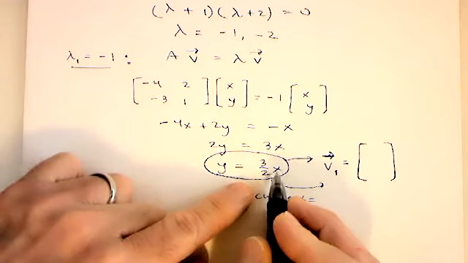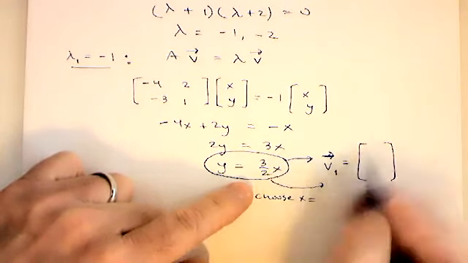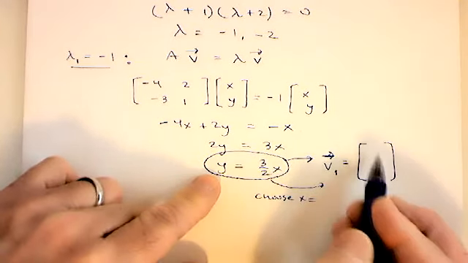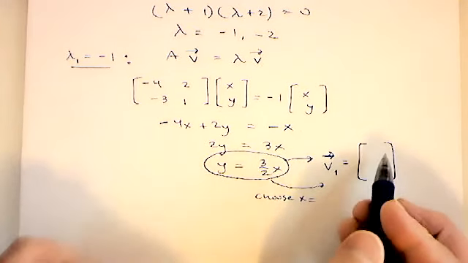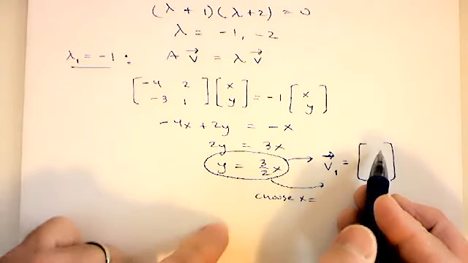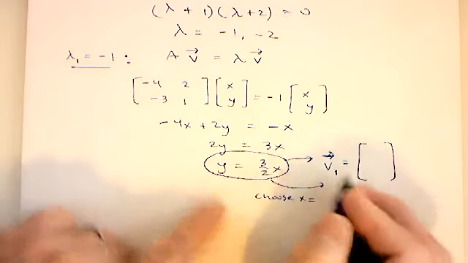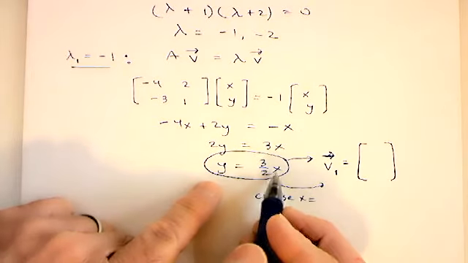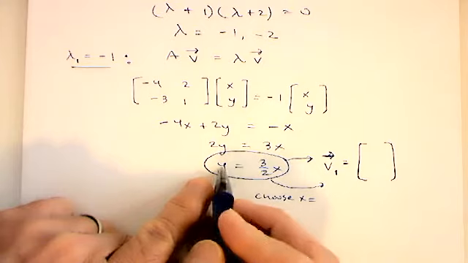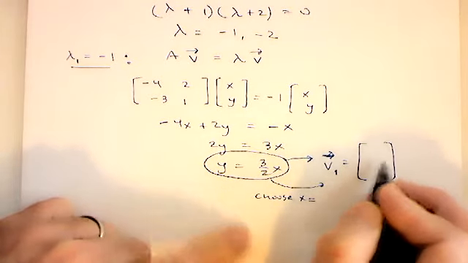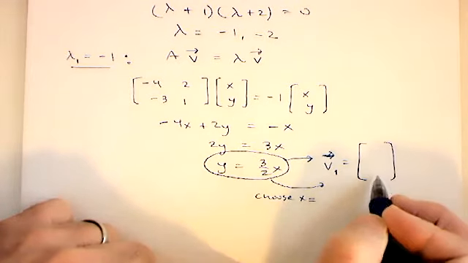If I let x be 1, then y would obviously be 3/2. But you'll see there's a time when you really try to avoid having fractions if you can. It's totally fine if you choose 1 and y is 3/2. Oh, one other thing: yes, of course, if you let x be 0, y would be 0. But that would give you the trivial vector, right? And we don't really want that.